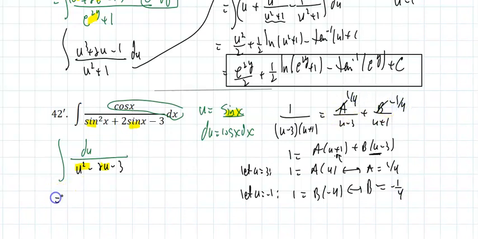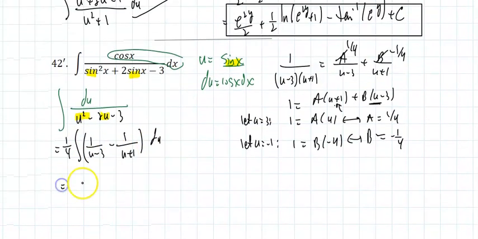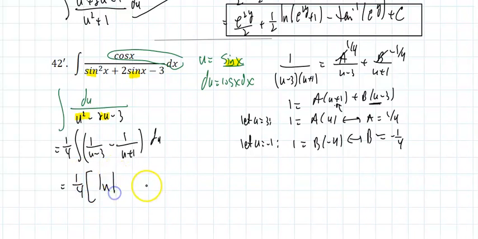So if I take 1/4 out, 1 over u minus 3 minus 1 over u plus 1 du, that would be 1 over 4 times natural log of u minus 3 minus natural log of u plus 1 plus c.